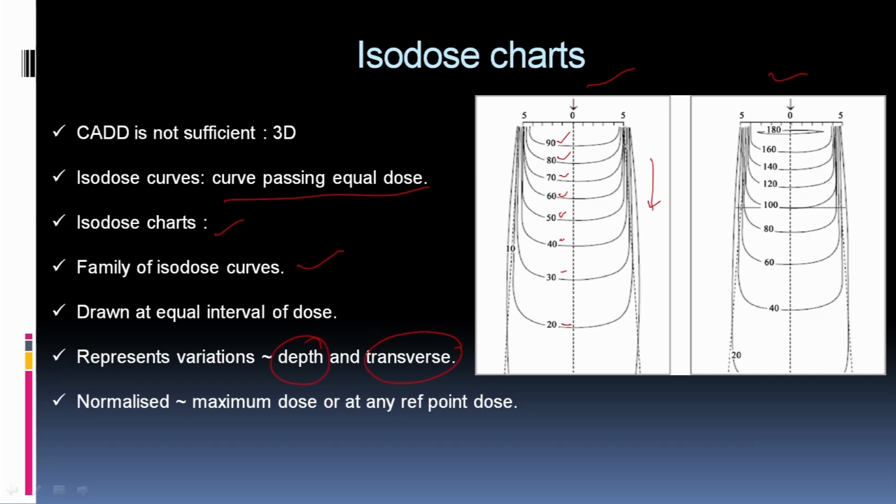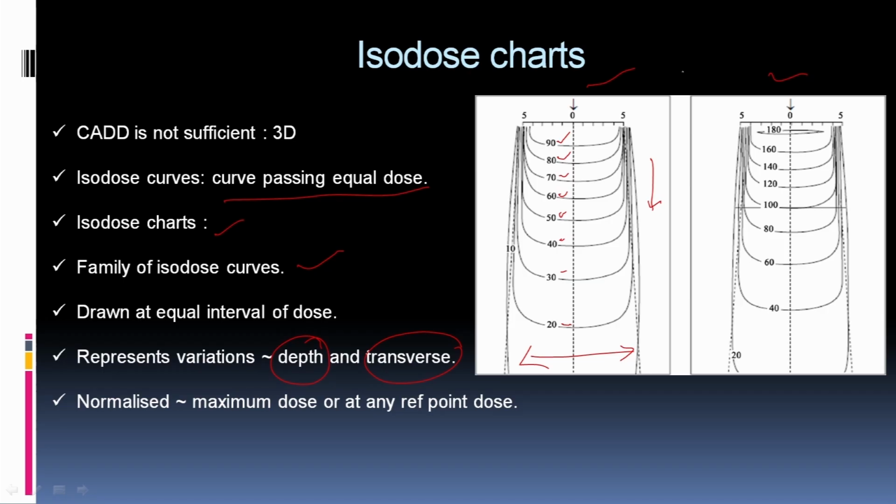This is the depth and this is the transverse direction. We can see this isodose chart shows the dose variations with the depth and the transverse directions.